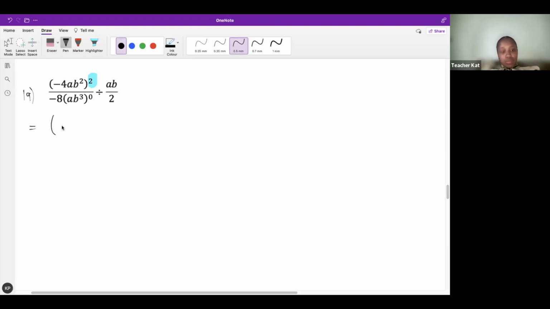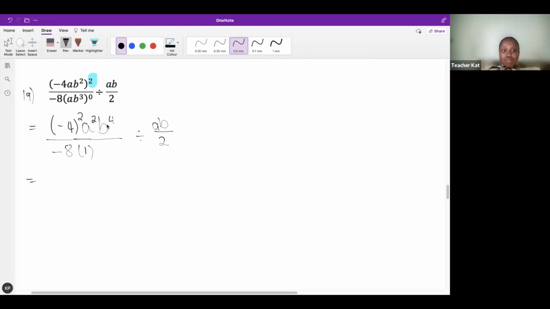So it's going to end up being -4 squared, a squared, and b to the power of 4, all over -8, and this whole bracket will be 1, divided by ab over 2.